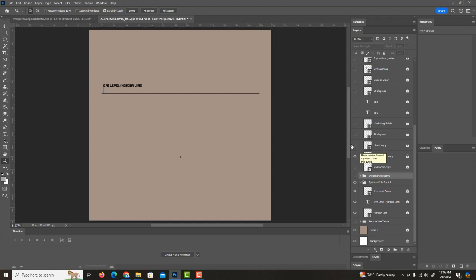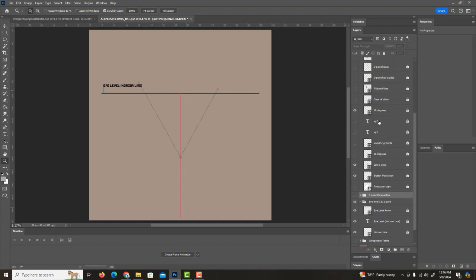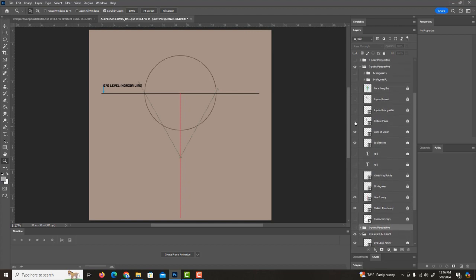So we'll start again with our station point line, and to create our cone of vision and our picture plane. So here's our 60-degree cone of vision that we're going to use.